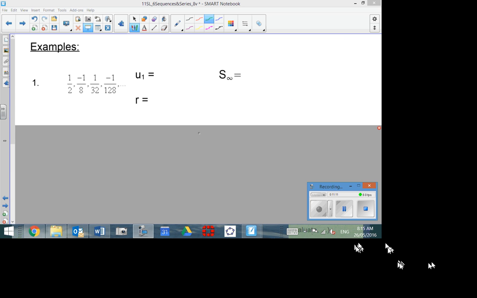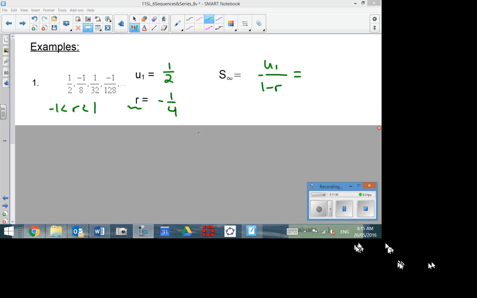So when you're working through examples, the first question you have to ask yourself is, what is that r value? Because if the r value is greater than 1 or less than negative 1, we're not going to be finding an infinite sum. So if I have my first value of 1/2, and it looks like my ratio here is negative 1/4, that is within negative 1 to 1, so I can use my formula of u sub 1 divided by 1 minus r.